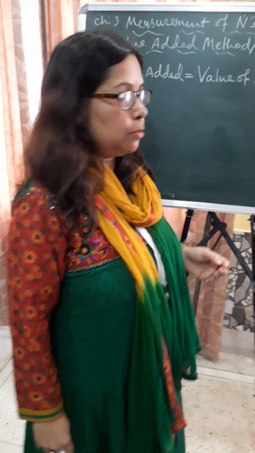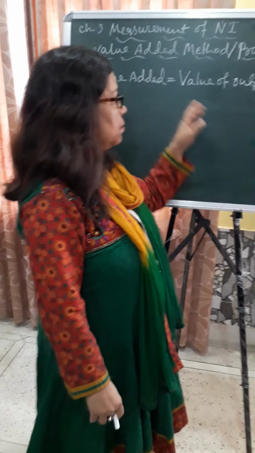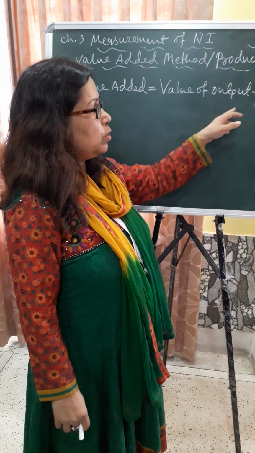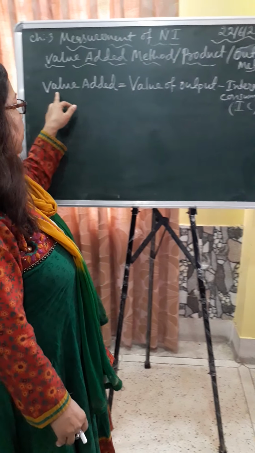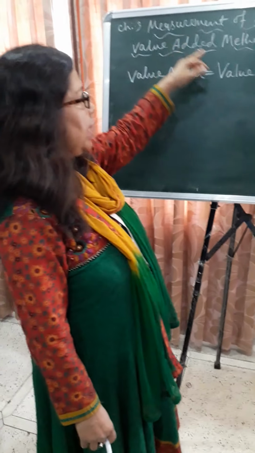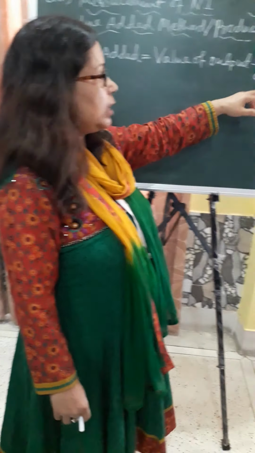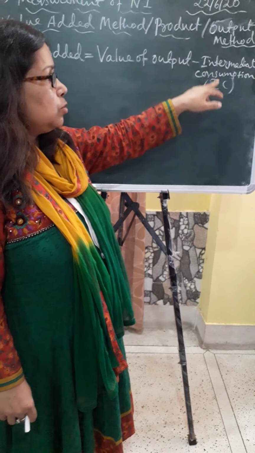Now one by one I am going to explain the terms: what is value of output and what is intermediate consumption in value added method. I am giving an example, then the concept will be clear.